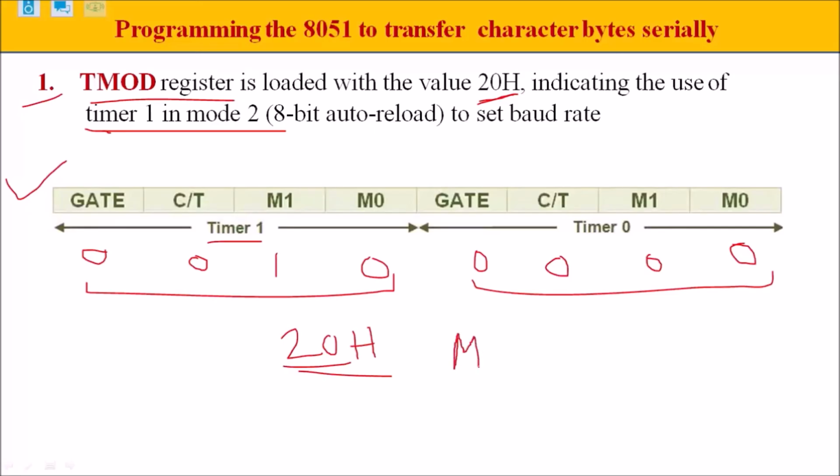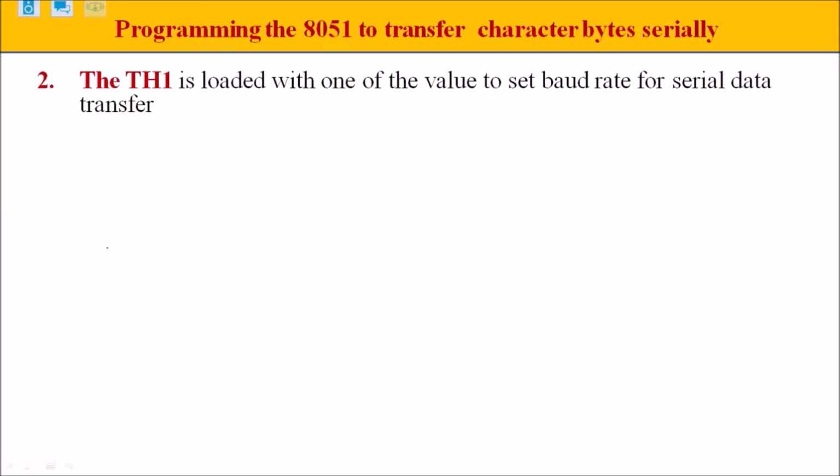To initialize the TMOD register with 20H, we'll use the instruction MOV TMOD, #20H. So the microcontroller will know we are going to use timer 1 in mode 2. So this will be our first instruction.